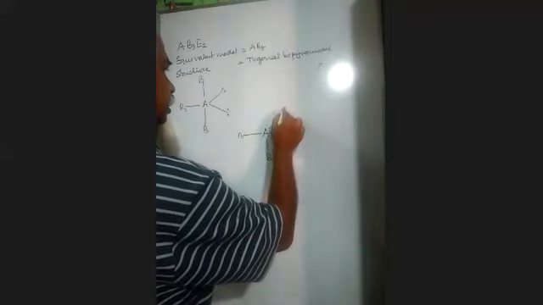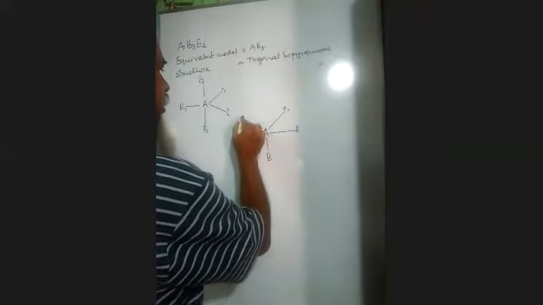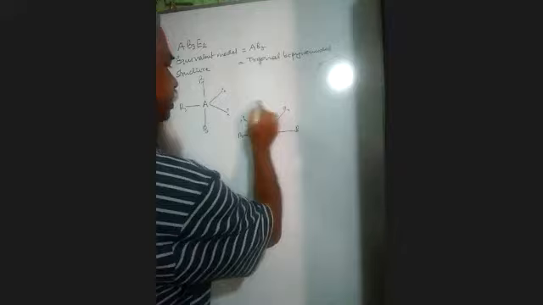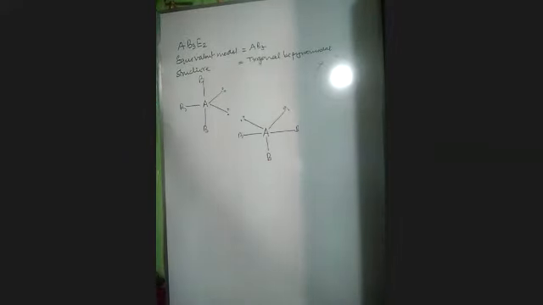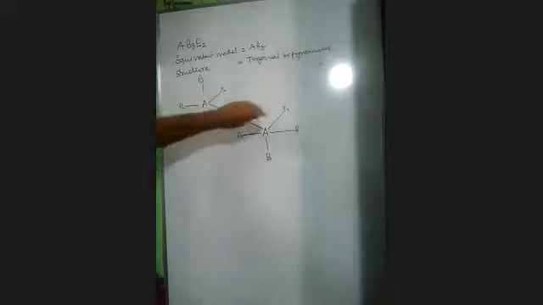This is one lone pair, this is one lone pair. These two are not visible. Then how does the structure look like?